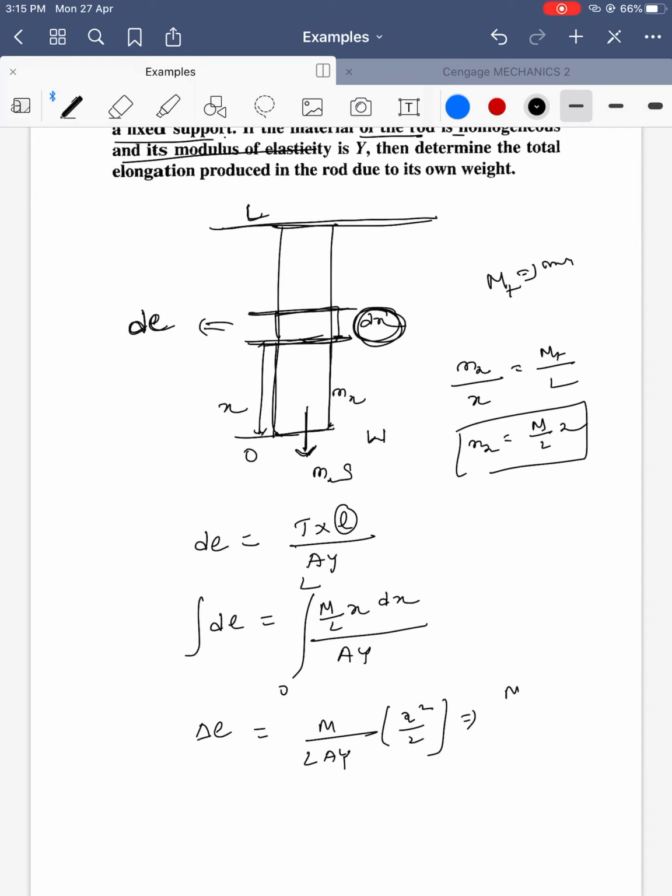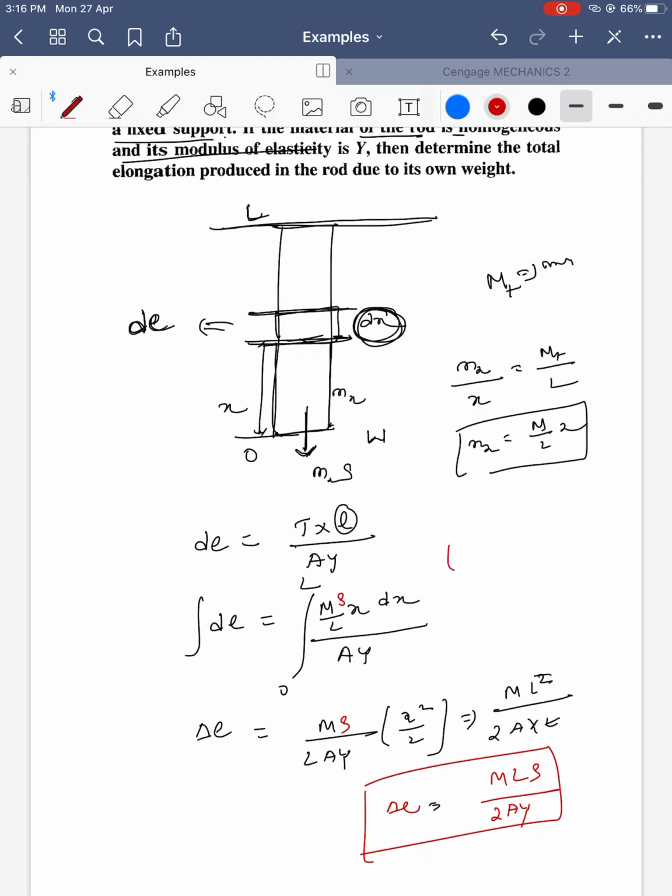It becomes M g L squared by 2 A Y into L, so L squared gets cancelled with L. The final answer remains as M g L by 2 A Y, where T is equal to m_x into g. This is the elongation in the entire rod due to its own weight.